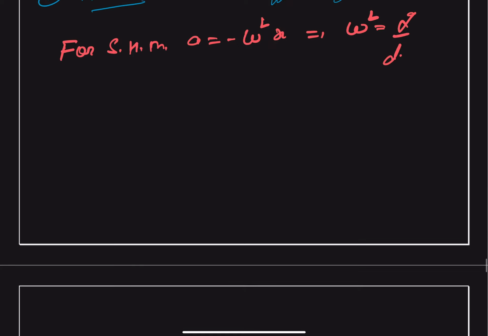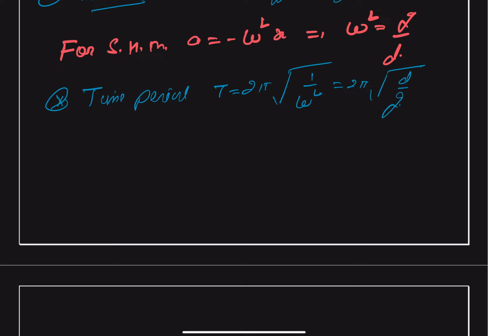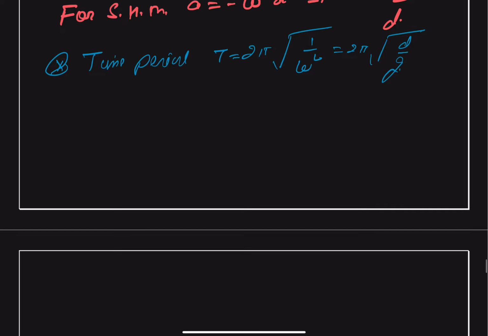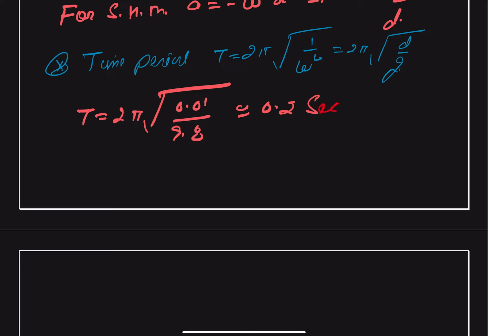And we can find the time period now. Time period T will be equal to 2 pi times the square root of d upon g. We simply substitute the value: T is equal to 2 pi root of d, which is 0.01, upon g, which is 9.8. This comes approximately as 0.2 seconds.